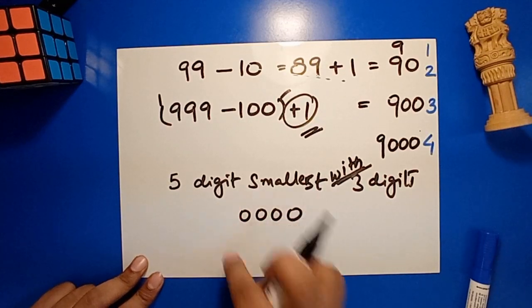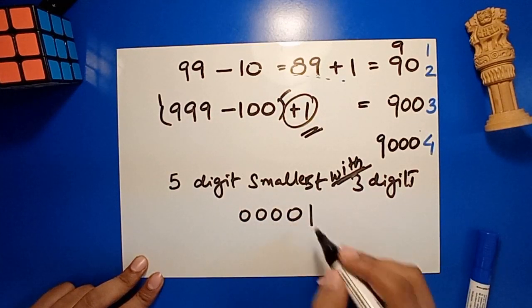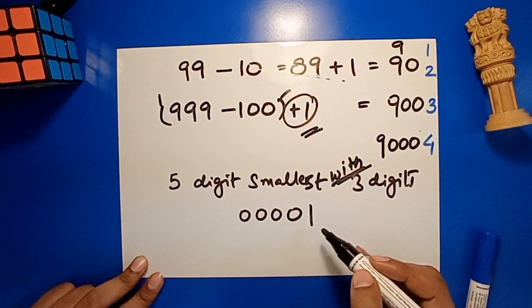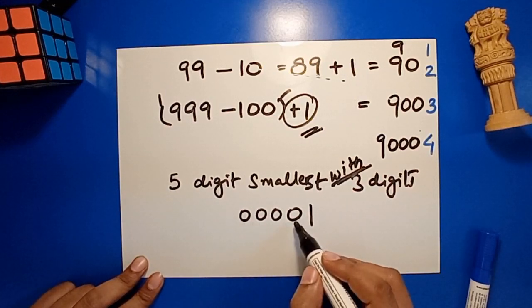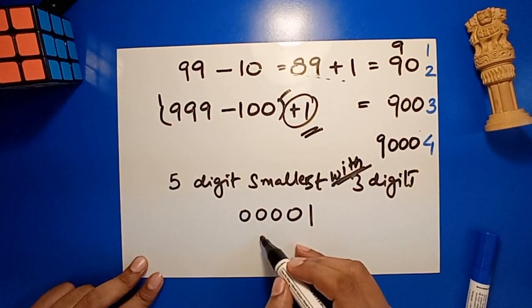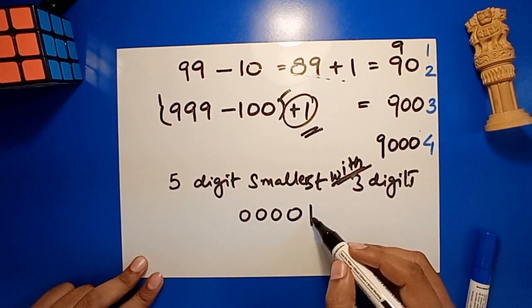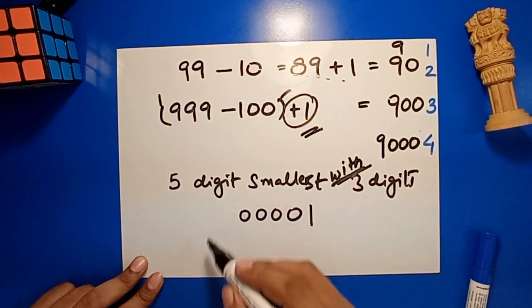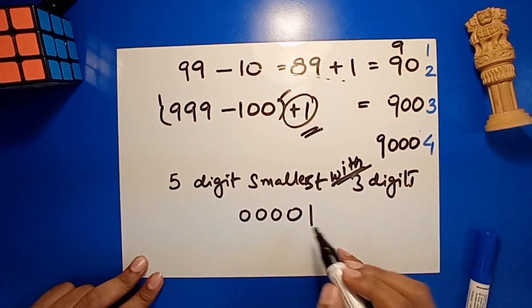It cannot start with 0, because if I write it like this, the place value of 0 is 0, 0 is 0, 0 is 0, and the place value of 1 is 1. So effectively this number is nothing but 1.